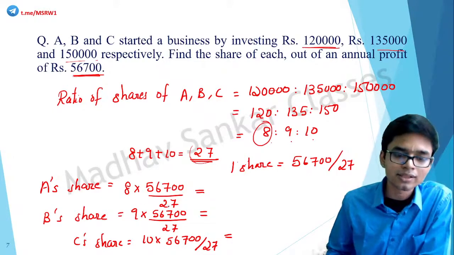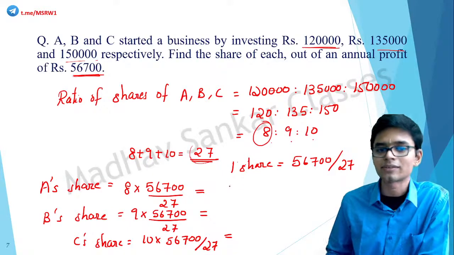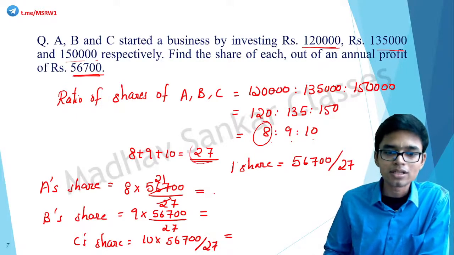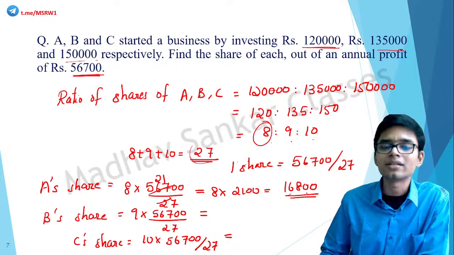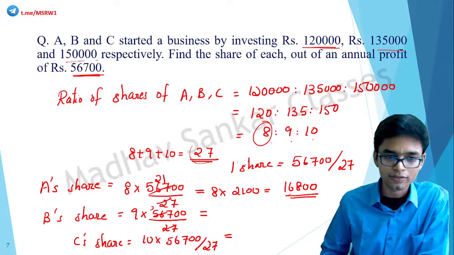So let's solve this. 27 and 567. Does it go? 27 into 2, 54 and 27. Yes, perfectly divisible. So this is 21. Okay, so 8 into 2100, which is 8 into 2, 16 and 1 8. So 16,800 rupees will go to A. Then here also it is 21.